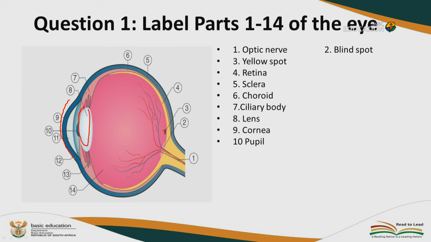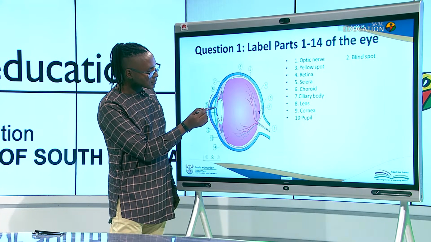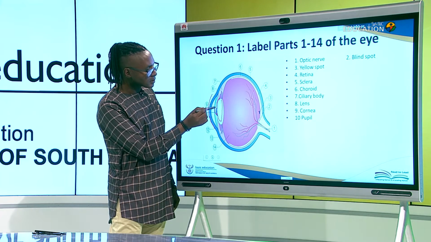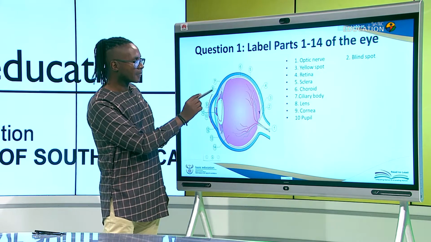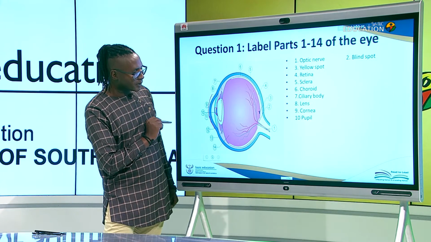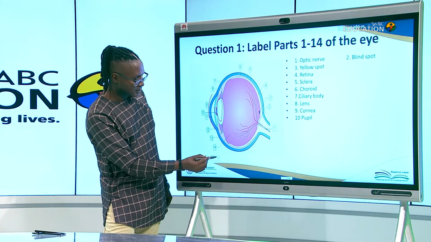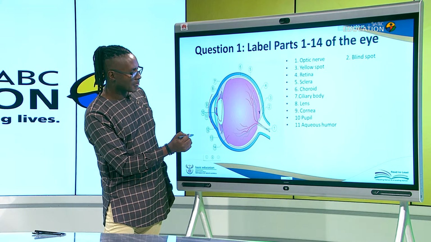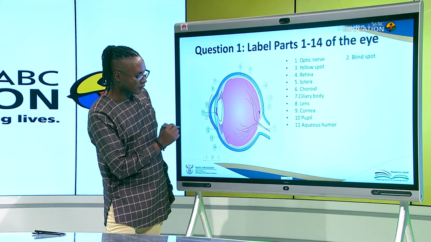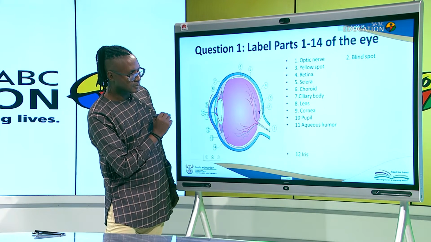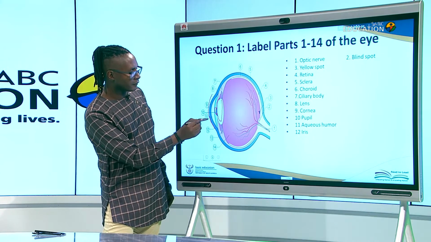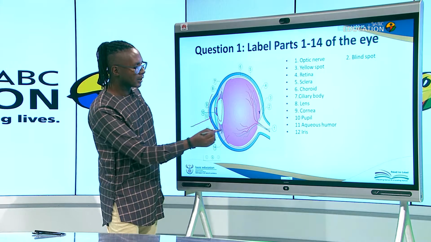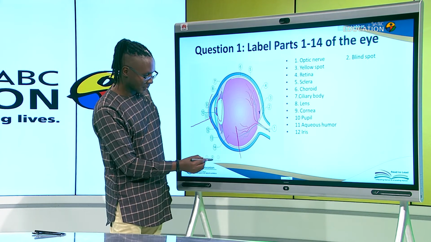Number 10 is the opening, the hole between the iris. So where will be the iris? Our iris should be 12. And the aqueous humor, and this will be your vitreous humor.